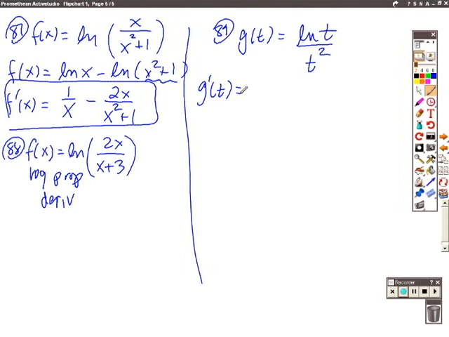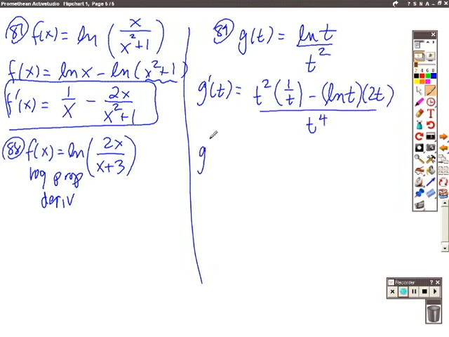So we would have down d up minus up d down over down down. Cleaning that up a little bit, I have a t squared and a t. This t will take out one of those, and I have t minus 2t ln of t over t to the 4th. Now I'm noticing that every term has a t.